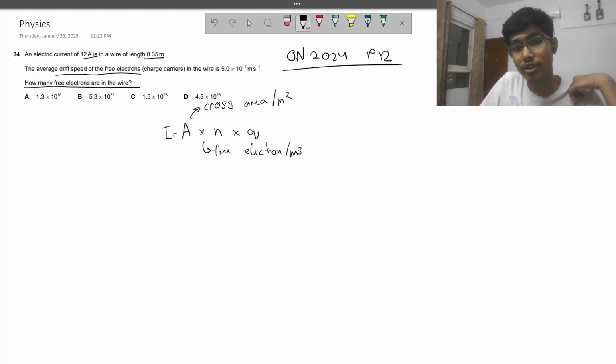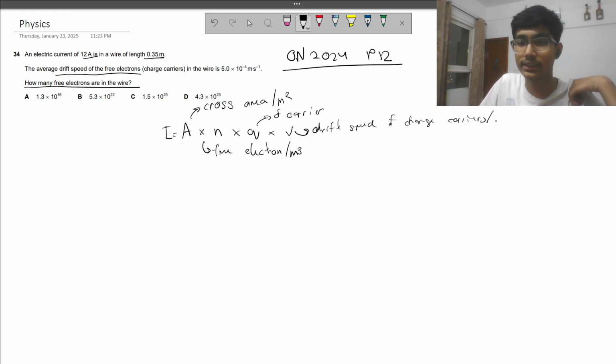Then we have the charge of the carrier, of course, and then you have the V, the drift speed of charge carriers, right? That's in meters per second, and the charge is in coulombs, right?